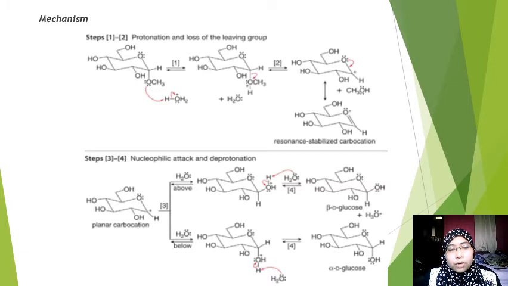The nucleophilic attack can occur in 2 different ways, which are from above and from below. If the nucleophilic attack is from above and followed by deprotonation, it will form beta glucose. If the nucleophilic attack is from below and followed by deprotonation, it will form alpha glucose.